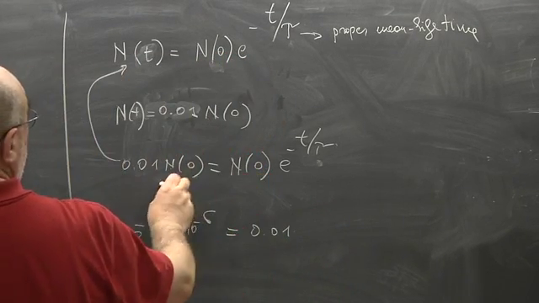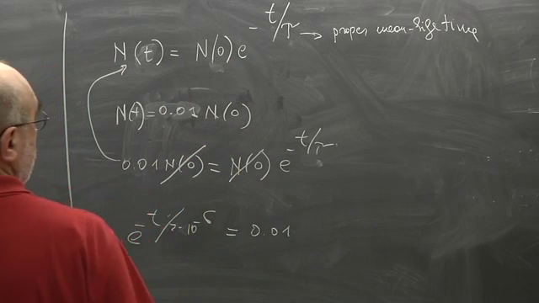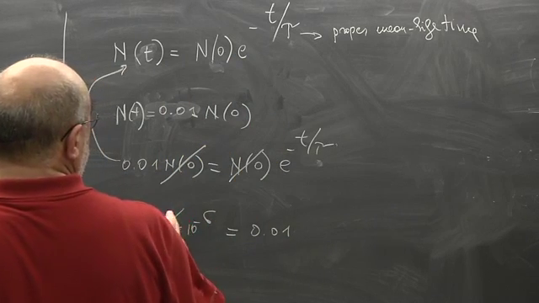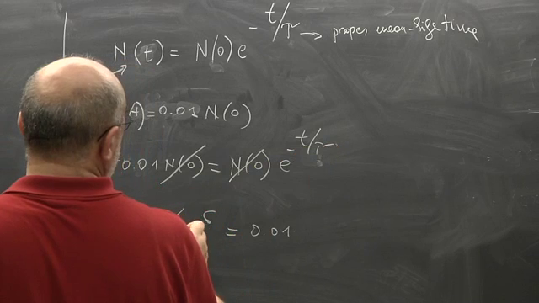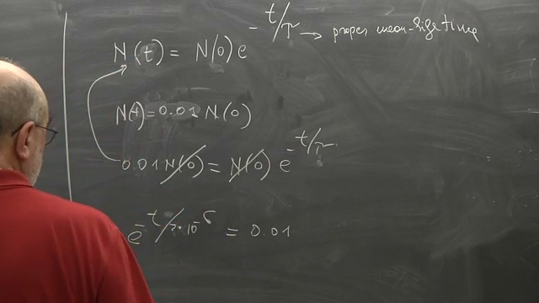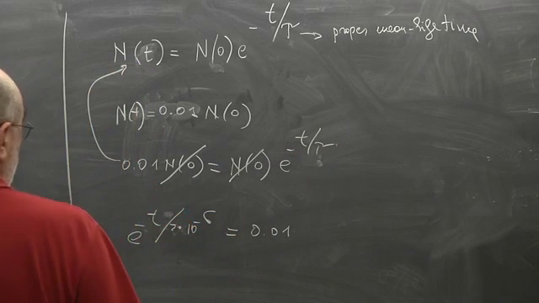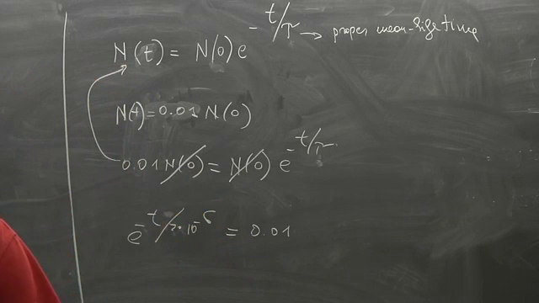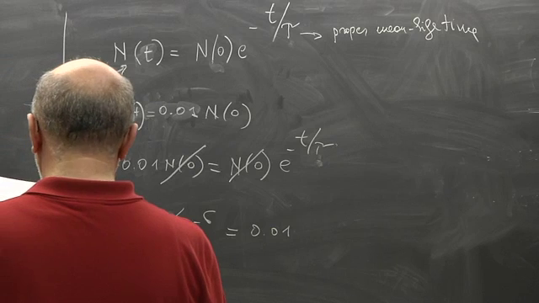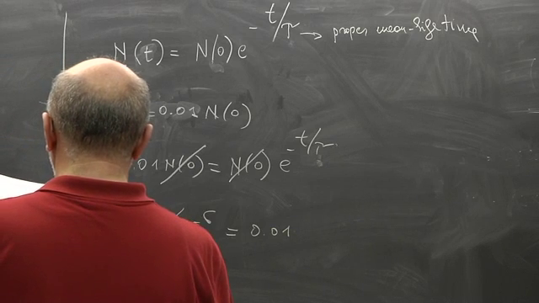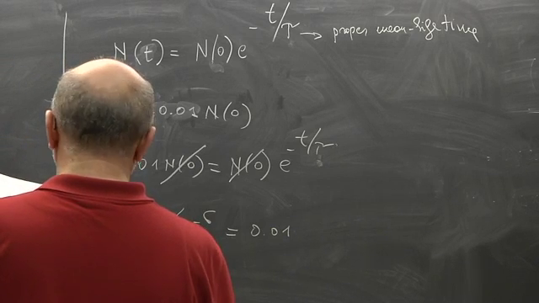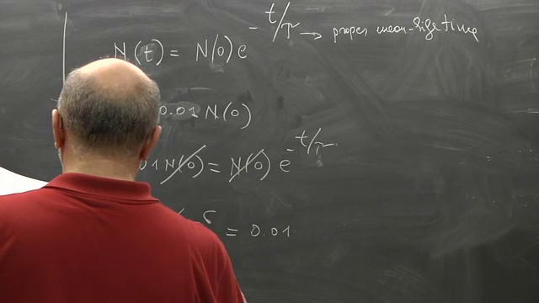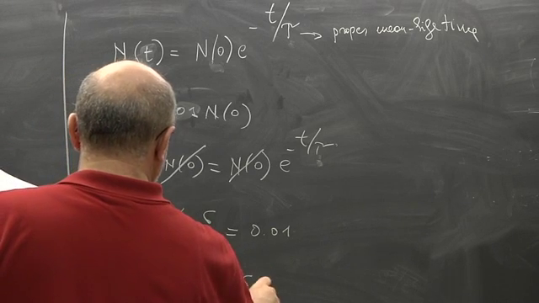So I cancel N0, and for tau I put 2 times 10 to the minus 6. You solve this equation by taking a log, and what you get is t equal to 9.22 times 10 to the minus 6 seconds.